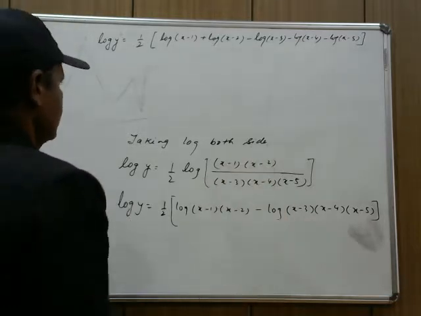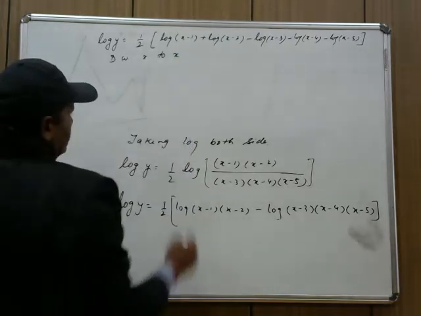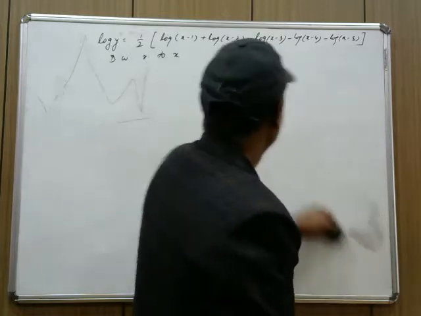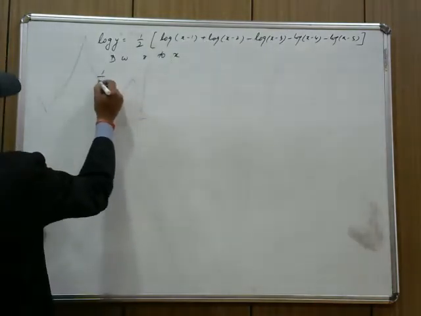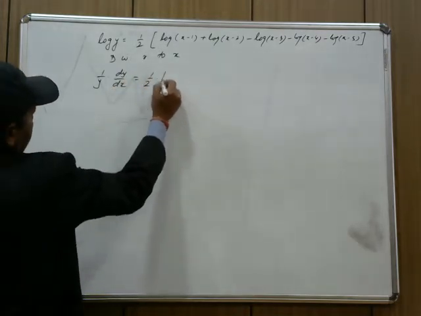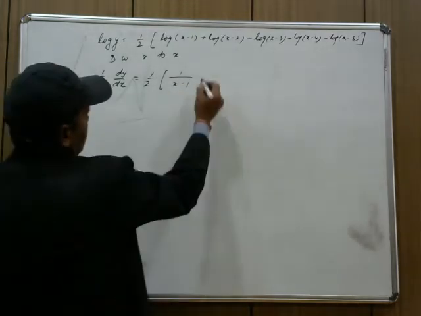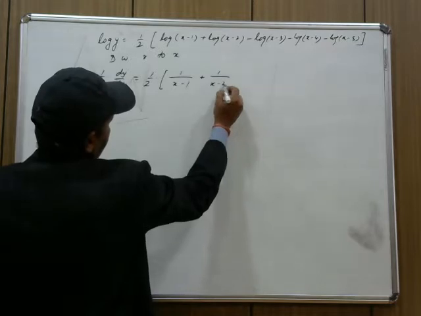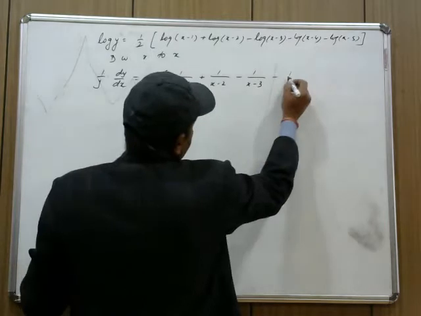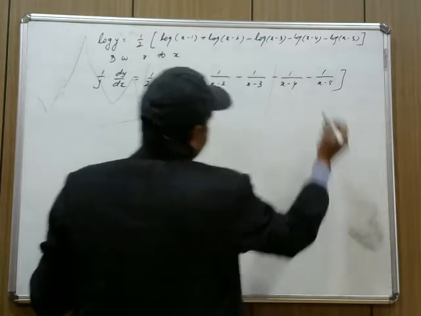Now we will differentiate with respect to x. Log of y gives 1 by y into dy by dx, equal to half. Log (x minus 1) differentiates to 1 upon x minus 1, plus 1 upon x minus 2, minus 1 upon x minus 3, minus 1 upon x minus 4, minus 1 upon x minus 5.